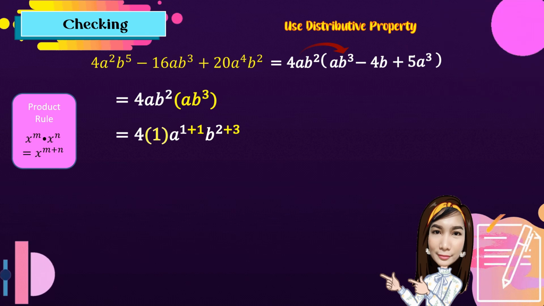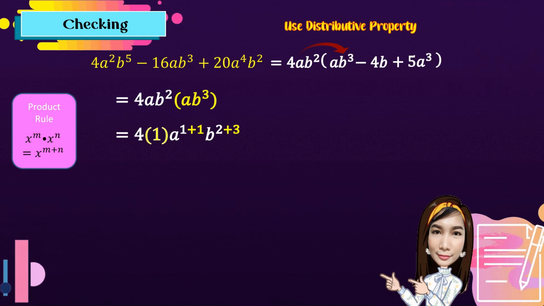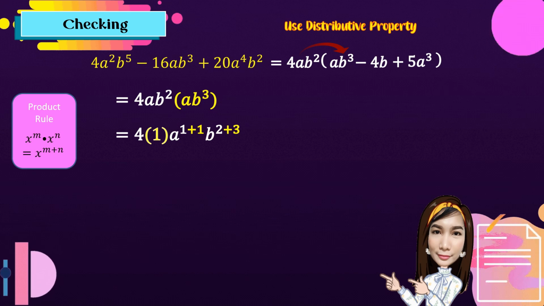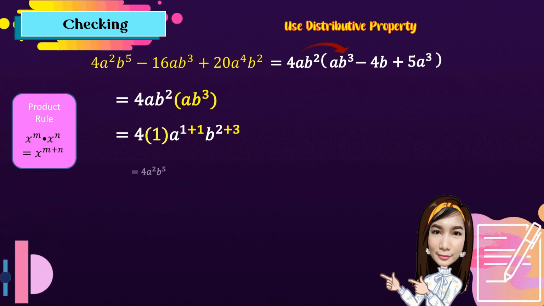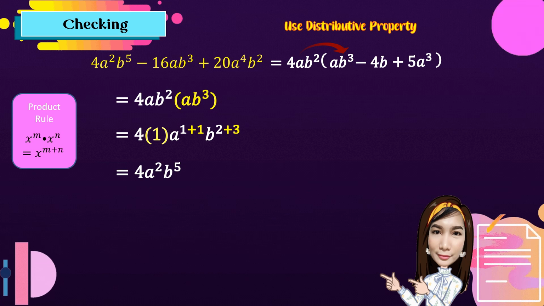Then, for the variable a, we just add the exponent 1 plus 1. So as you can see, there is an imaginary 1 if there is no number written on the numerical coefficient and the exponent. Now for the variable b, we're going to add the exponent 2 plus 3. So we have 4a squared b raised to 5.